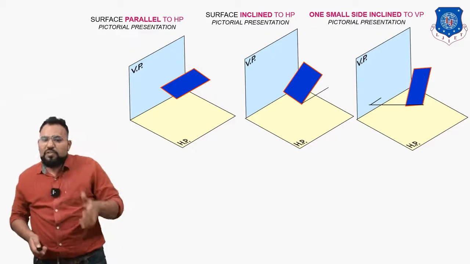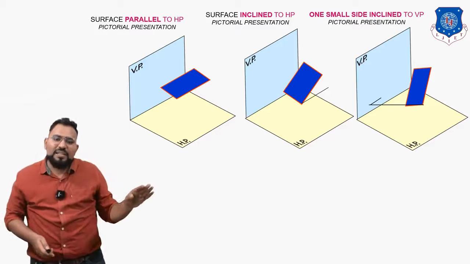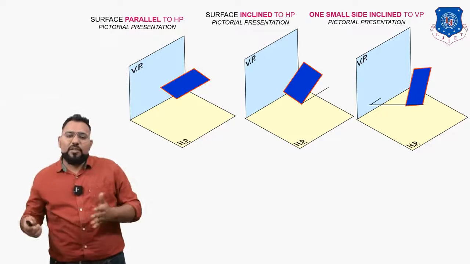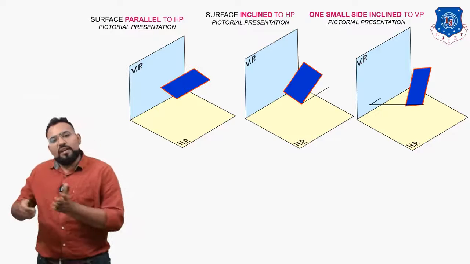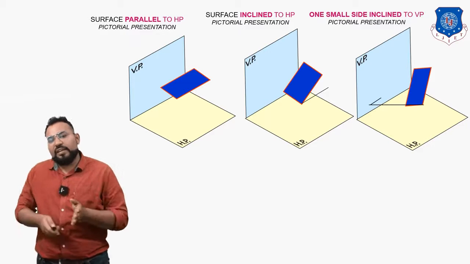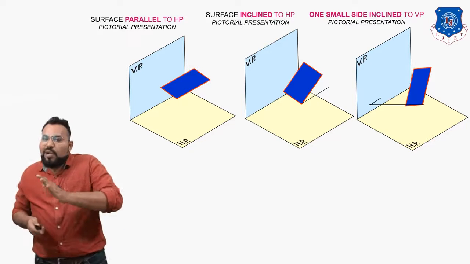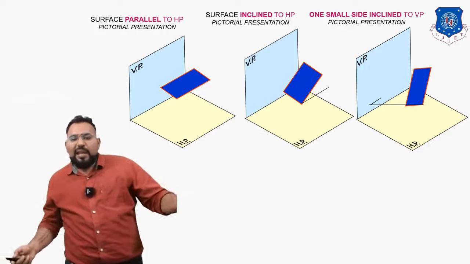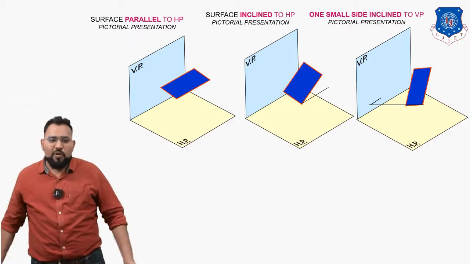So in the third picture you have one surface having inclination with VP, and also having the same inclination to HP as in the second figure. In the third figure, we have kept the HP angle the same, but rotated the figure a little bit so that it makes inclination with VP.